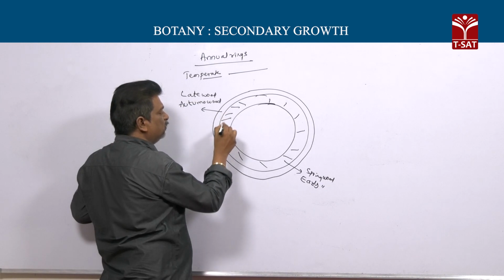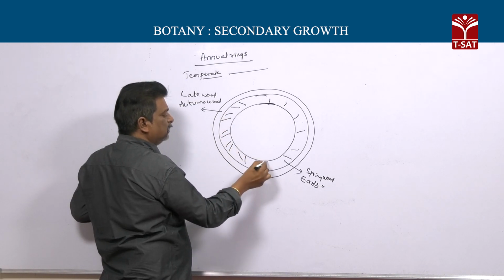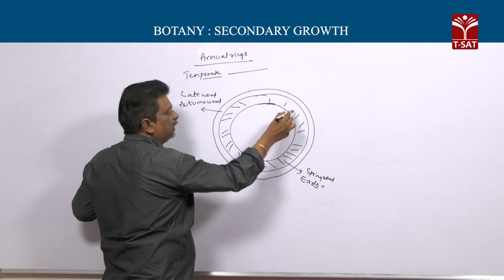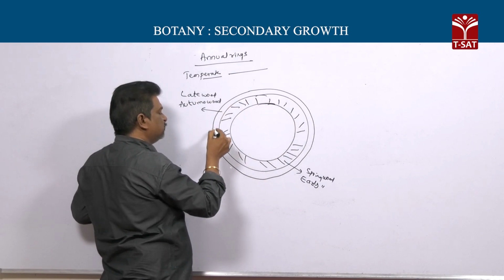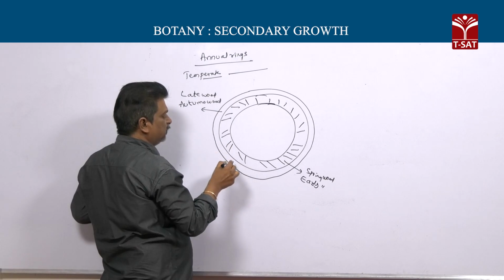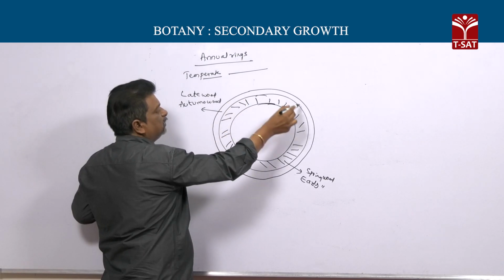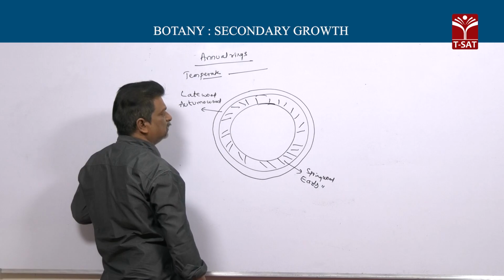The spring wood is formed on the inner side and is lighter in color. The autumn wood, which is formed outside the spring wood, is darker in color.